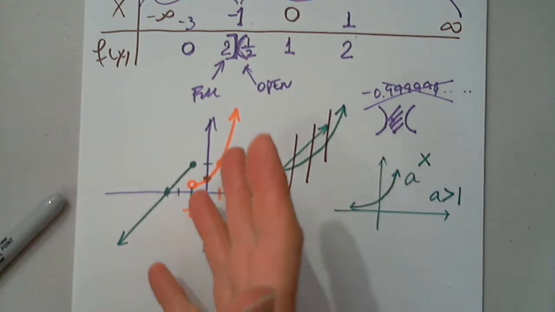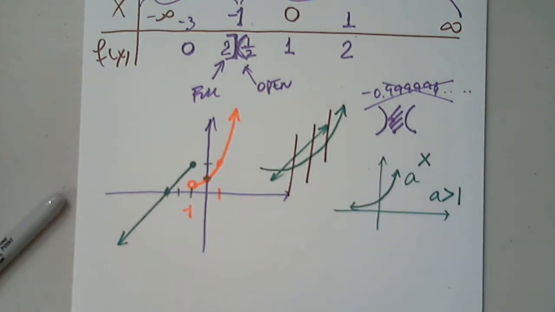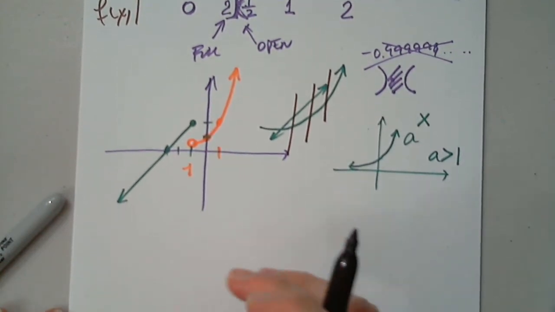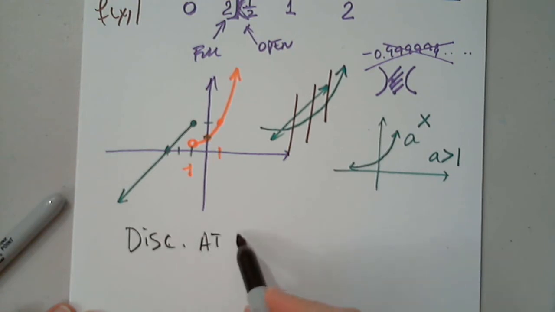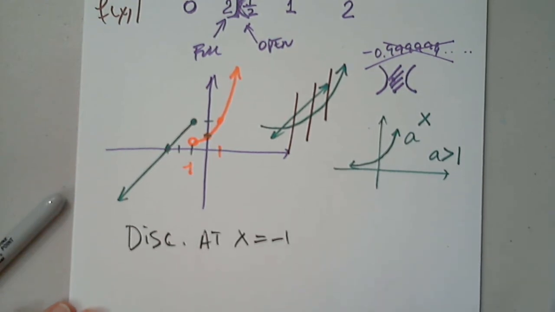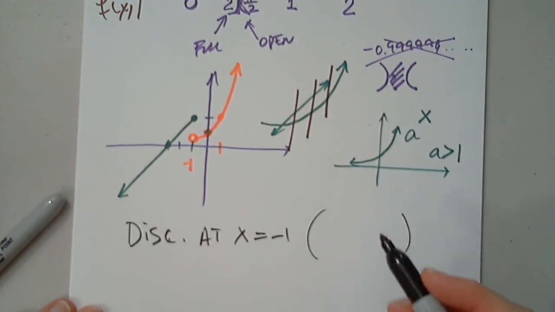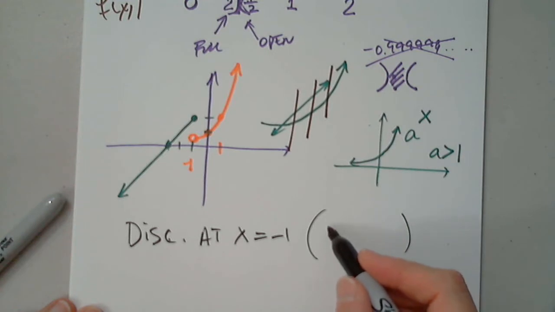So now, looking at this graph, what can we say? Is this function continuous everywhere? No. Where is this function discontinuous, and what type of discontinuity? Discontinuous at -1. What type? Removable.